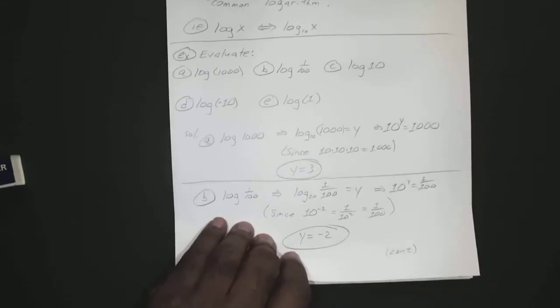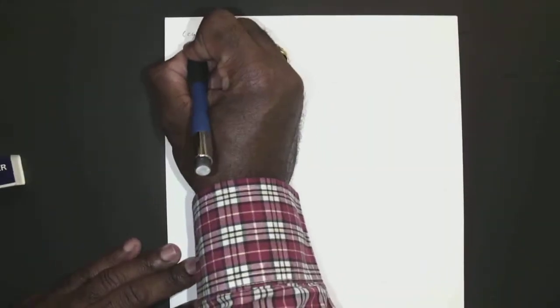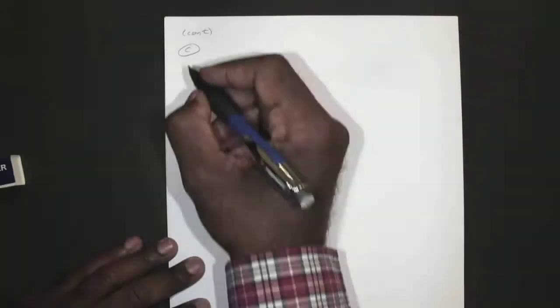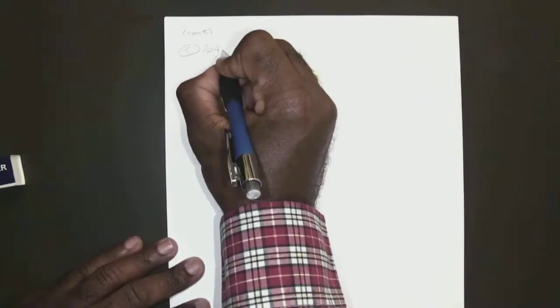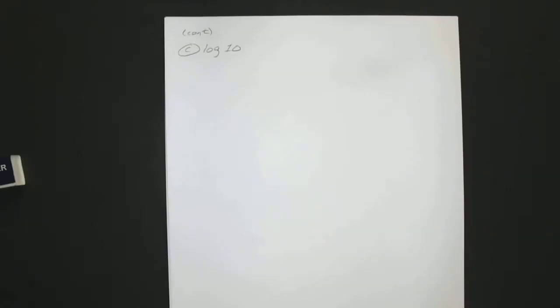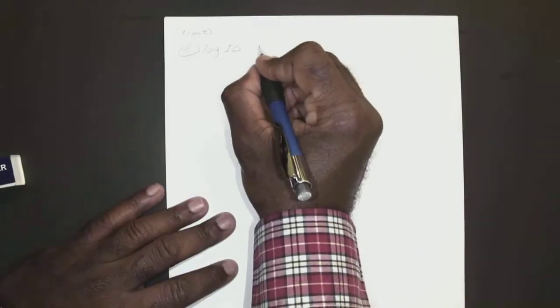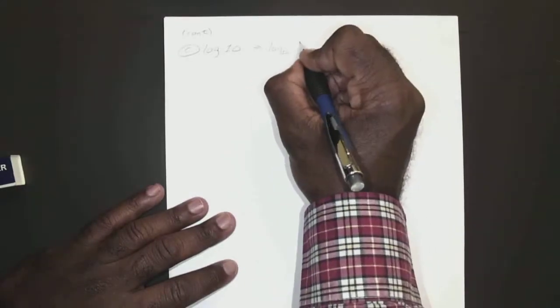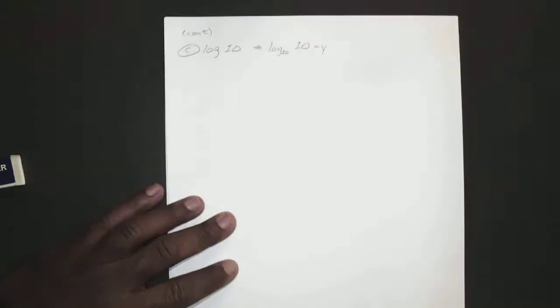All right. Let me write down C, D, and E before I put that away. Log of 10. Okay, so the first thing we're going to do is rewrite that as log base 10 of 10 equals y.